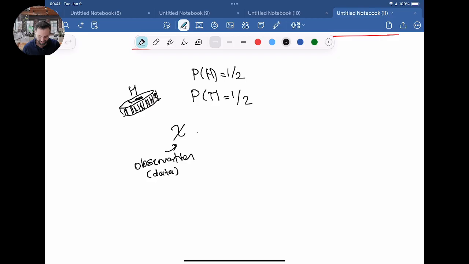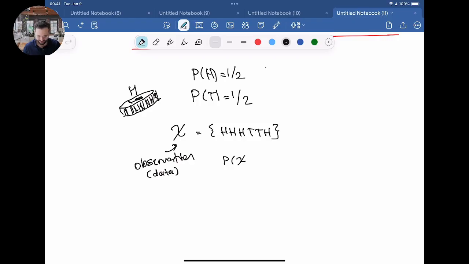So in my data, which is a plural word, let's say my data is head, tail, head. I observe this data, and given this assumption of fairness, I can calculate the probability of my X.